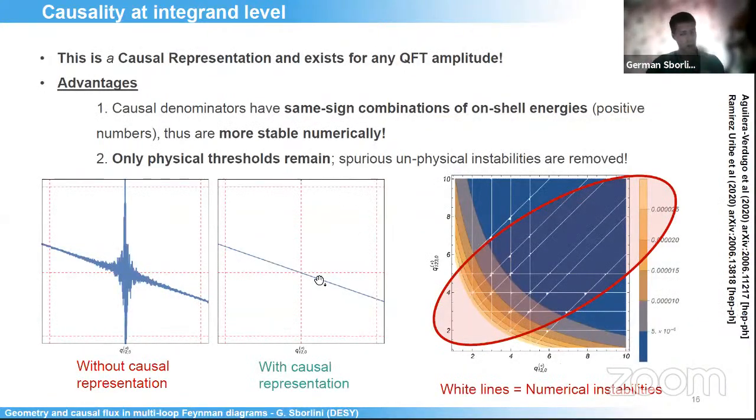If we only work with the causal representation, our result is much more stable. And here in the plot on the right, this nice plot, we see these white lines. These white lines are essentially the graphical representation of the instabilities that appear in the plot that I previously explained.